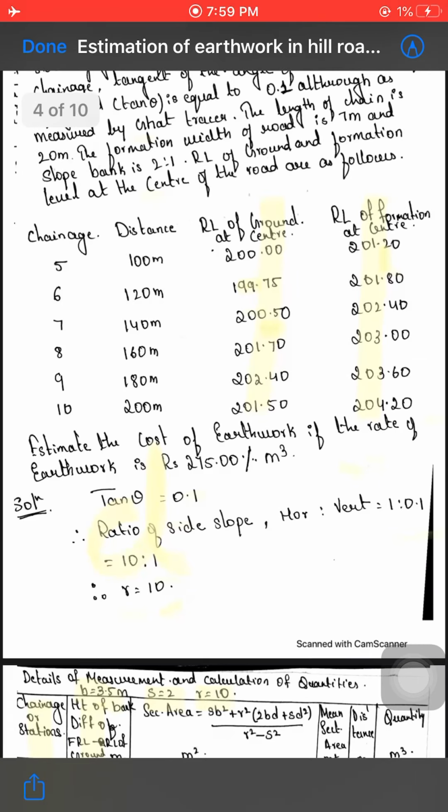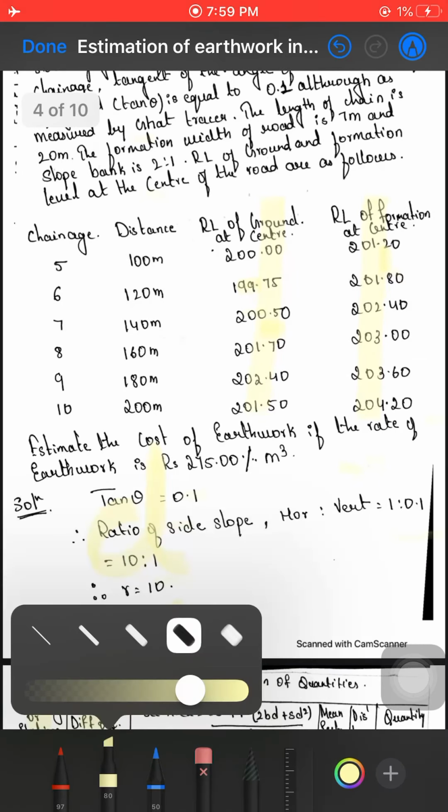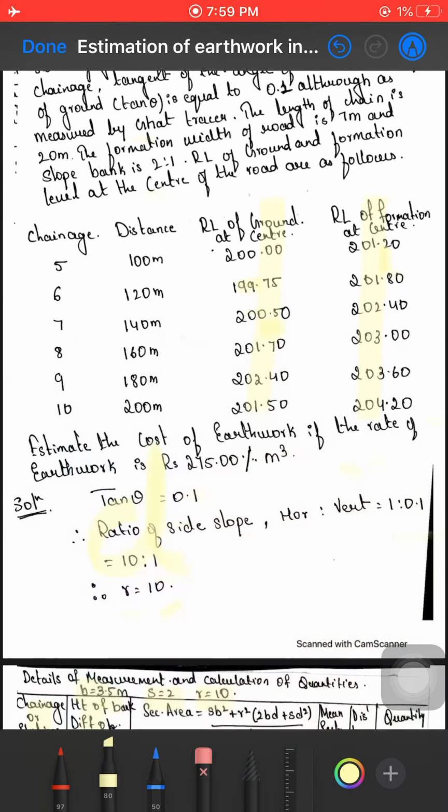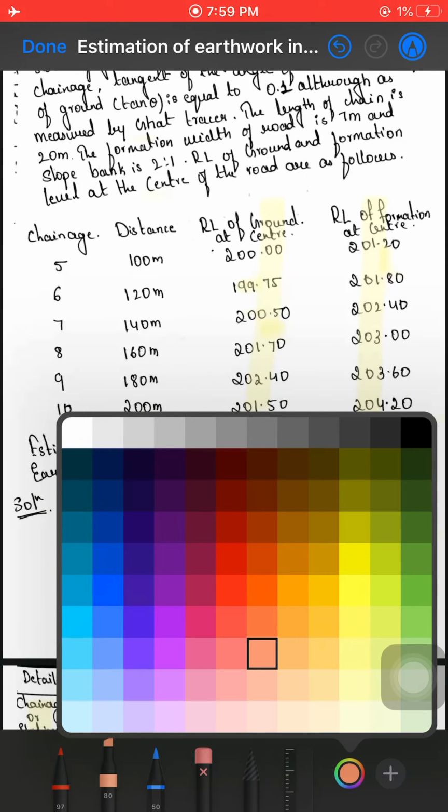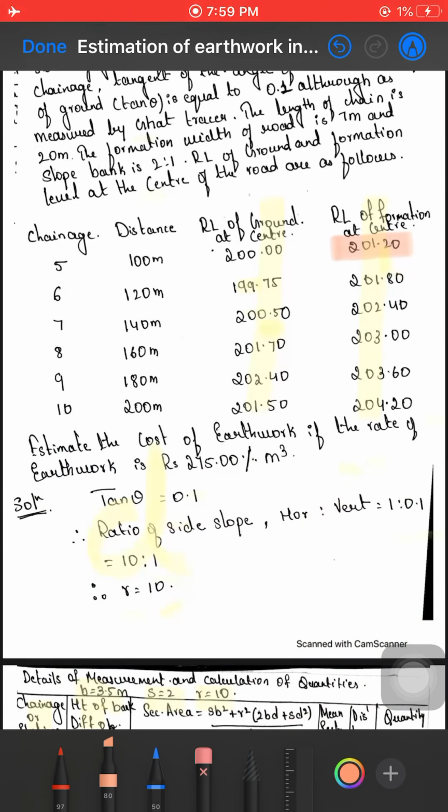First depth will be 201.2 minus 200. Next 201.8 minus 199.75, 202.40 minus 200.5, 203 minus 201.7, 203.6 minus 20. This way you get the depth column.